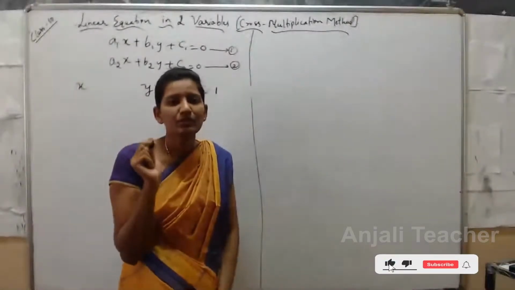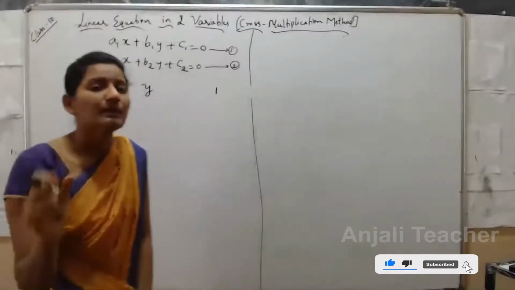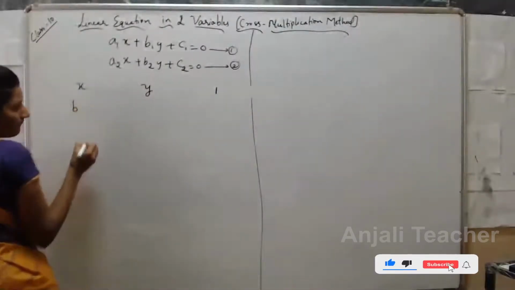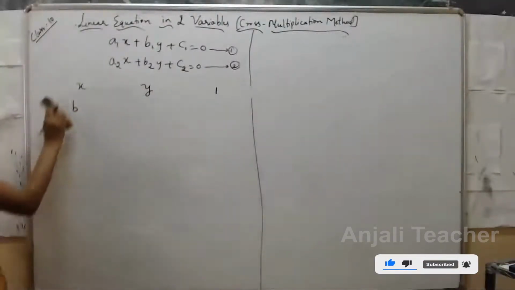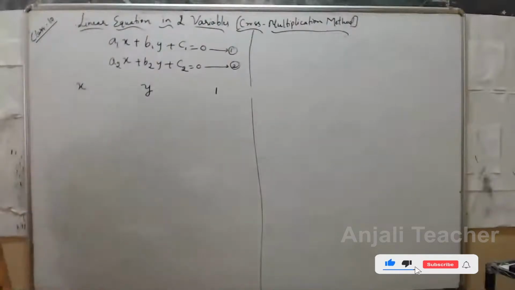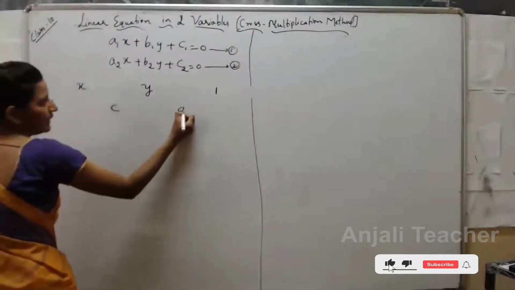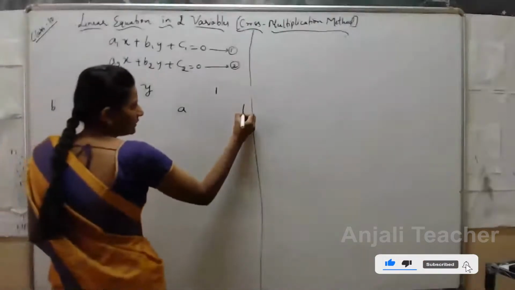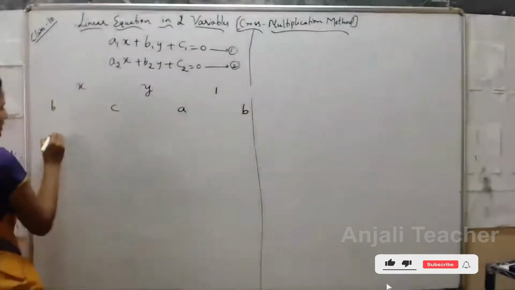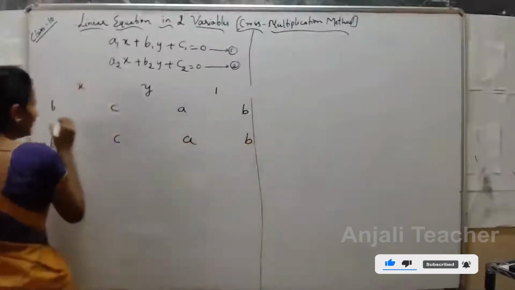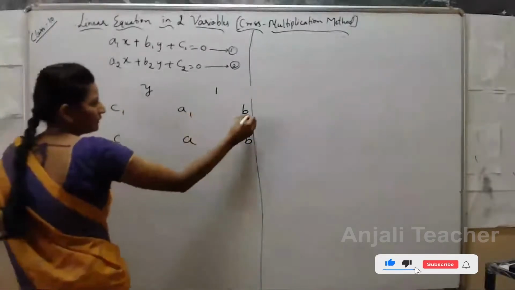Remember that BCA. This x should come in the middle, so B, C, A. After 1, we should write B. Here also B, C, A, and here also B. 1, 1, 1, 1.